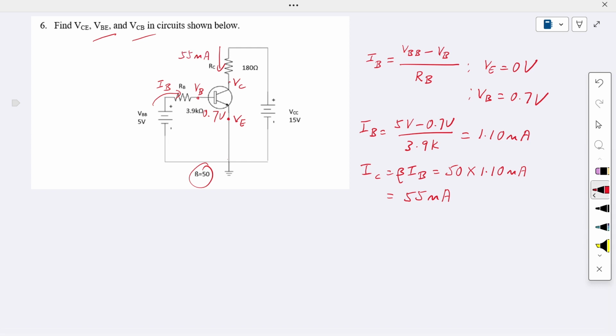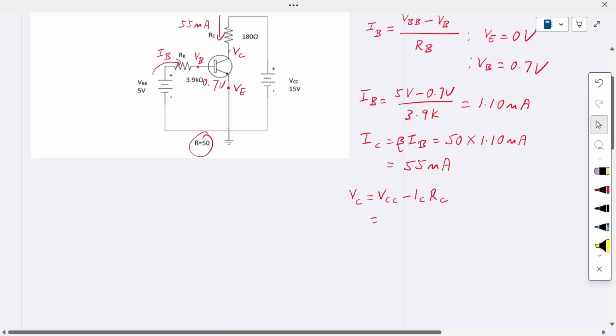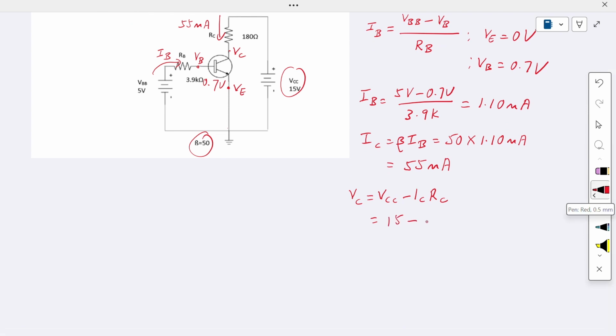Now we want to find VC. VC is equal to VCC minus IC times RC. VCC is 15 volt, minus IC 55 milliampere times RC 180 ohm. We calculate VC equal to 5.1 volt.